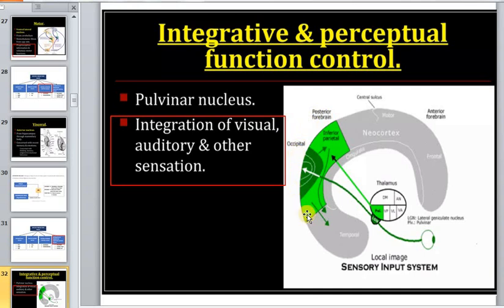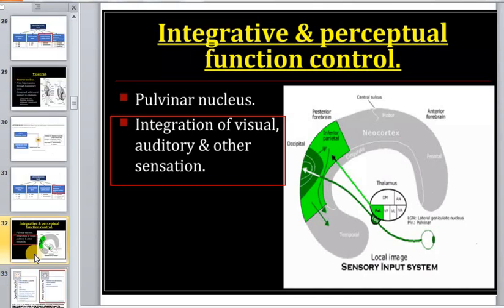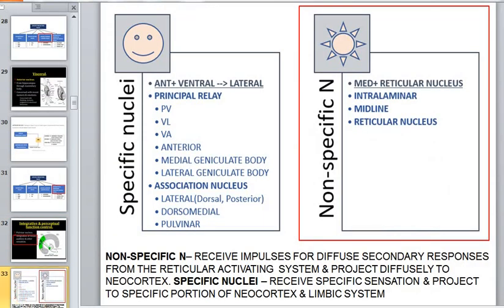Here we see this special neocortex area and the green colored area of the thalamic part of the brain, and here we see the connection. We have the optical area of the neocortex and some visual information contacts.